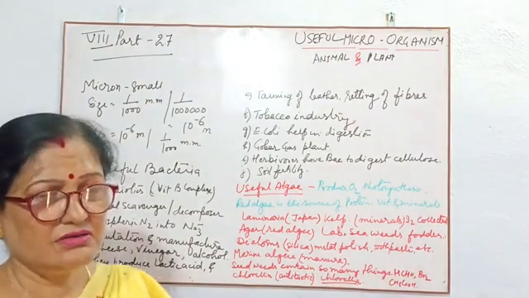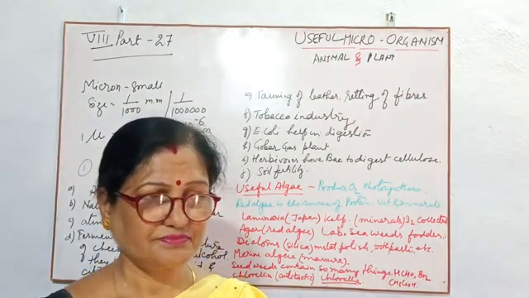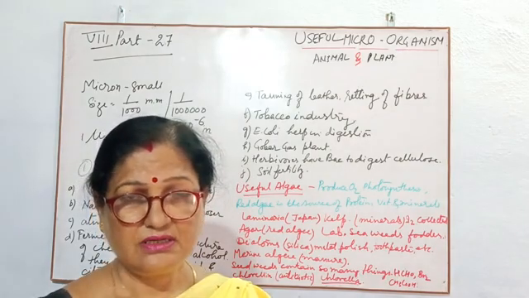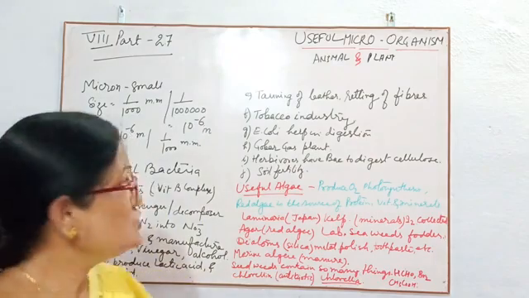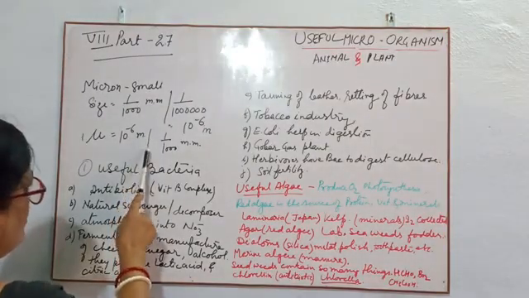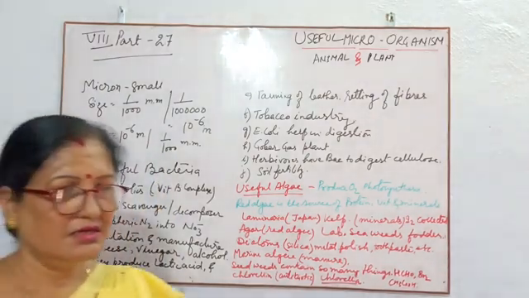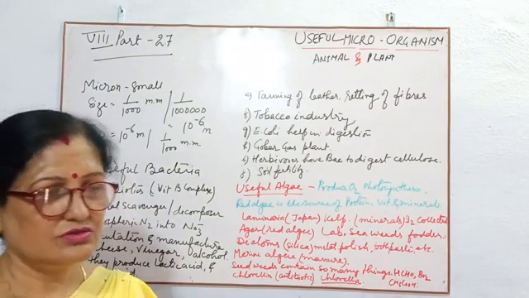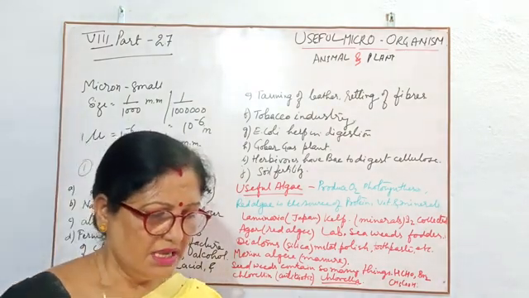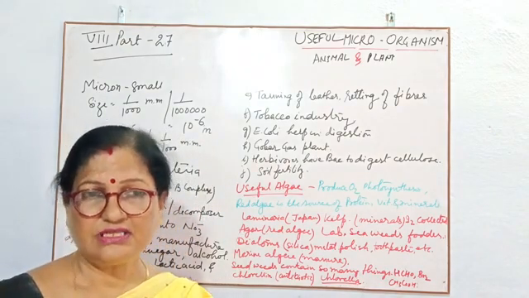This micron is considered a unit, written as mu. So 1 mu is equal to 10 to the power minus 6 meter, or 1 upon 1000 millimeter. So this is the proper size of 1 micron. These microorganisms have sizes according to their unit, that is micron.